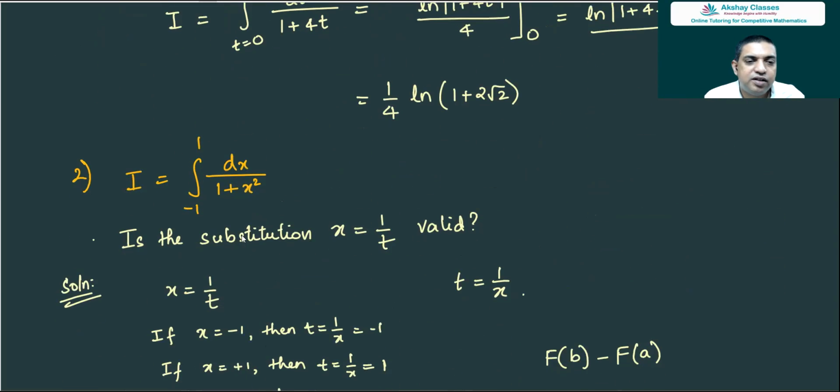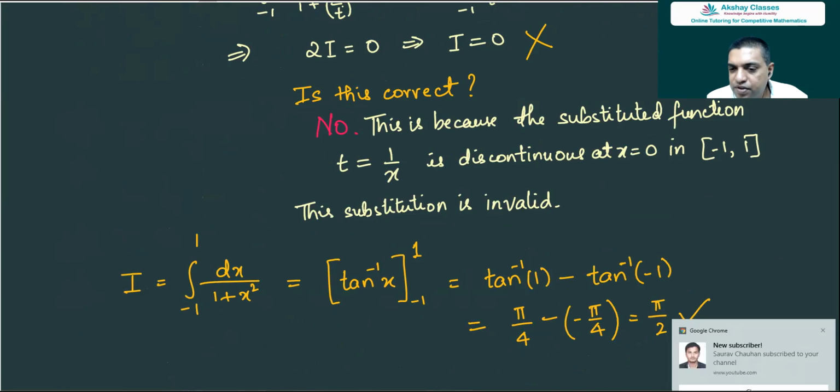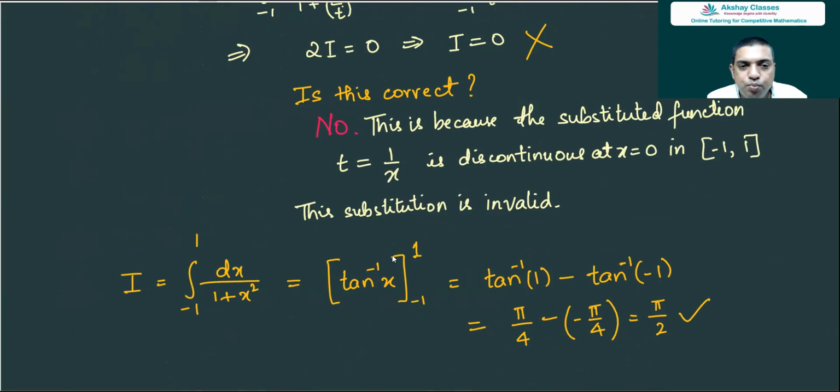And the second point is we cannot make substitutions which cannot exist within this given interval, which has a discontinuity. So we cannot take such substitutions. So these are the two important points in integrating by substitution.